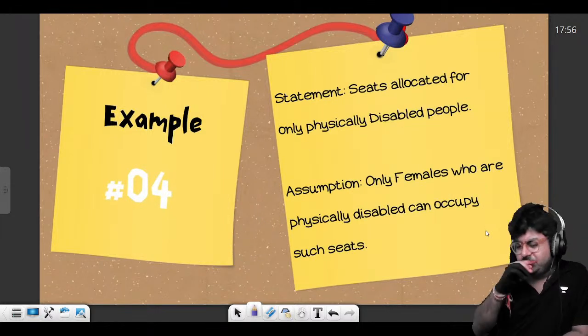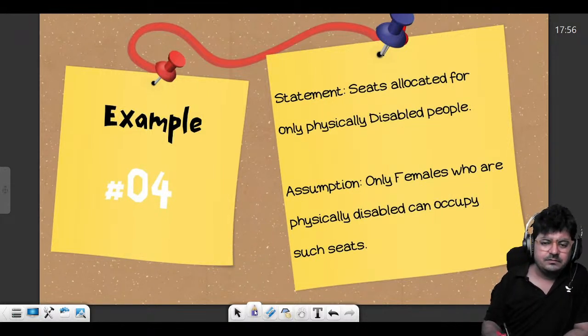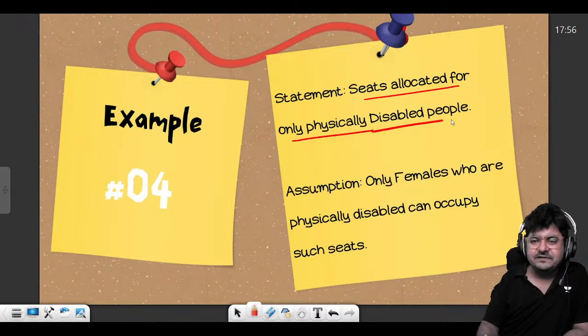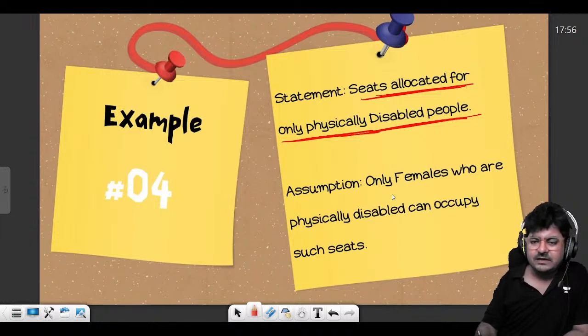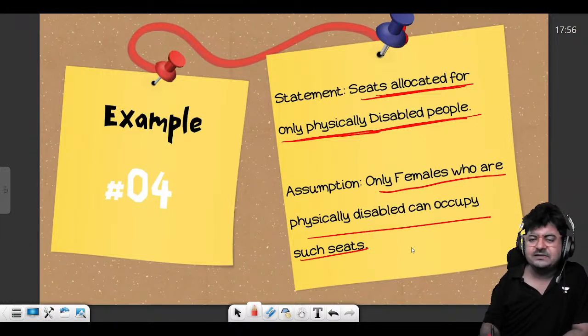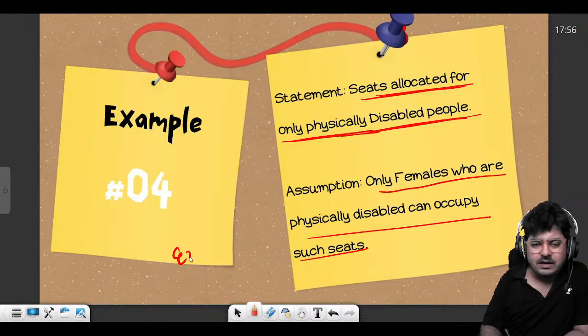Last example to understand the concept. One more error. Statement: Seats allocated for only physically disabled people. Assumption: Only females who are physically disabled can occupy such seats. Explicit.